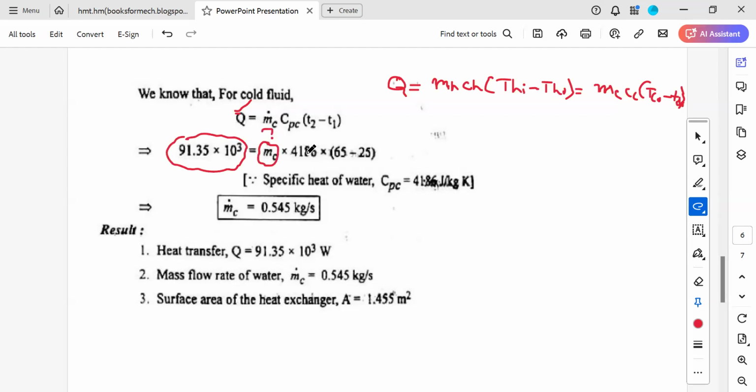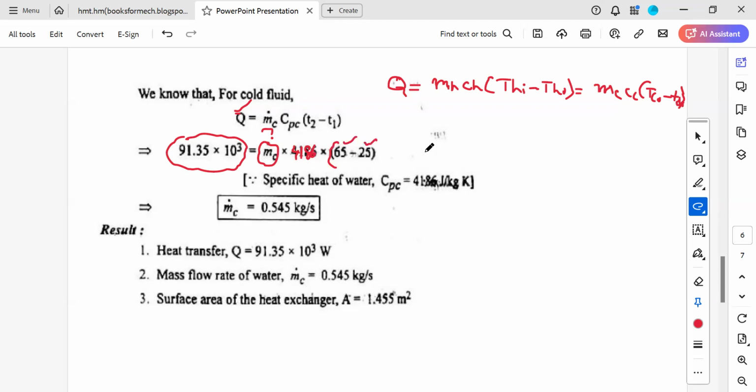The specific heat of water is the standard value, 4186, the cold fluid outlet temperature is 65, and the inlet temperature is 25.